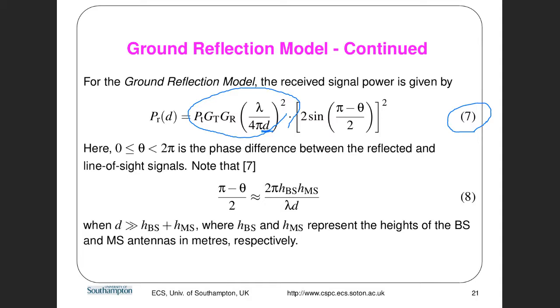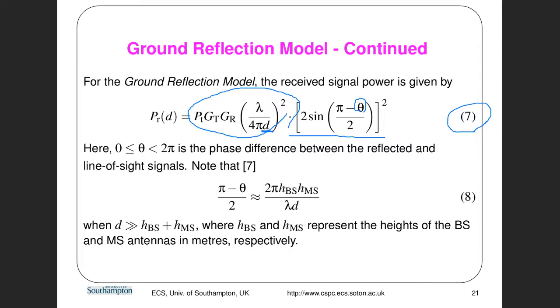The second part interprets the reflection and the direct link. So theta is the phase difference between the reflected signal and the direct line of sight signal. As I said before, sometimes two signals would act constructively together, sometimes destructively.